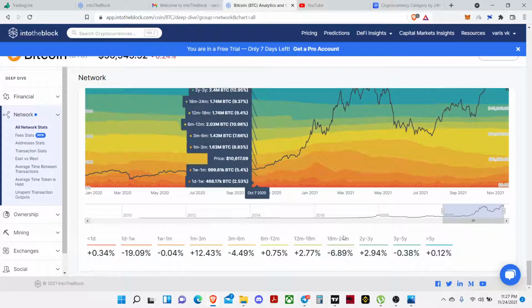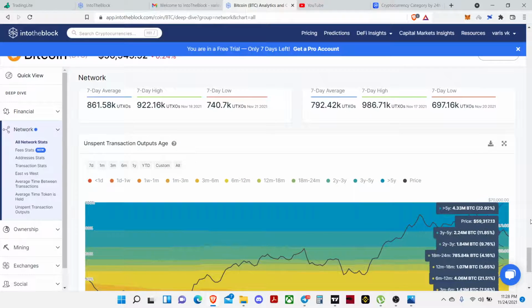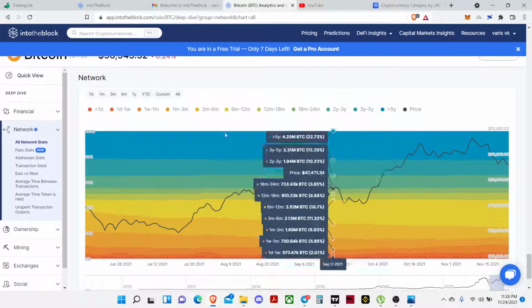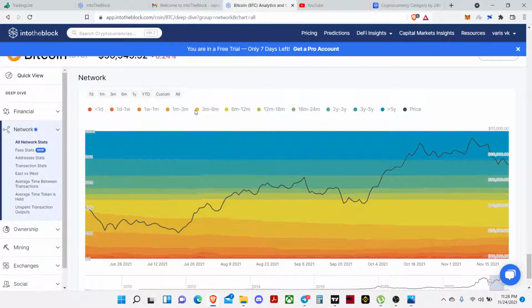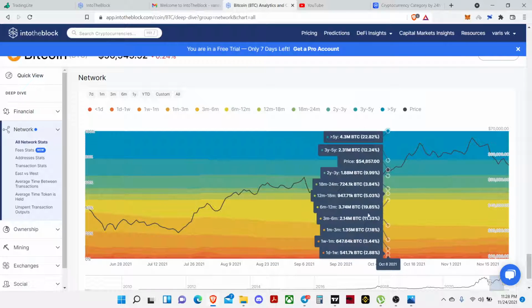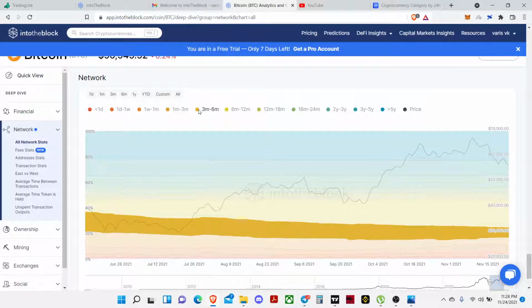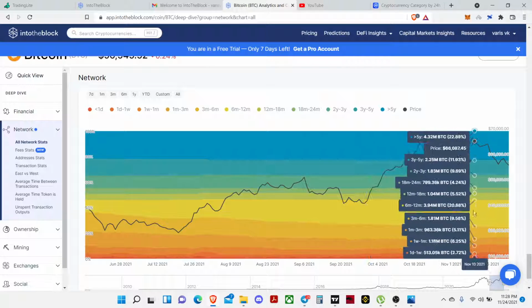So if you are zooming out into the very recent things, what you can see is these people, the 3 month to 6 month people, they are kind of steady. I mean, they are long term holders. They are still holding the things that they accumulated. And the 3 months have a little bit of fluctuations over and over again.